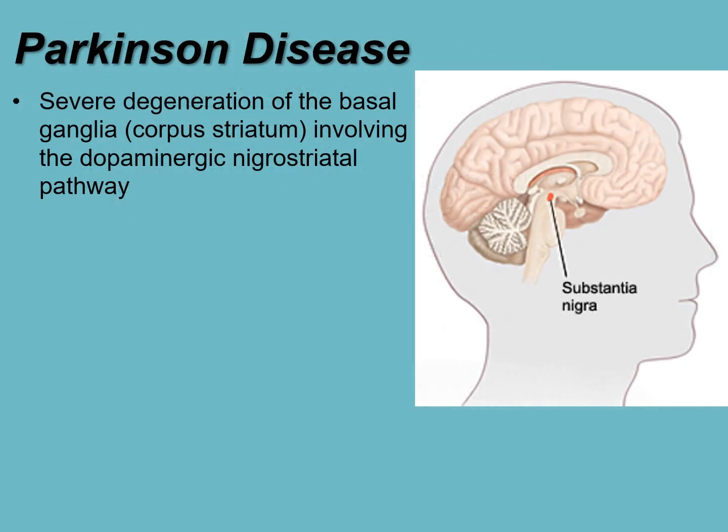A few key features of Parkinson's disease that you should understand going into the different types of therapy. We are losing or having issues with neurons in this area called the substantia nigra, the black substance. That's because these neurons tend to have a pigmentation to them and involve dopamine signaling. Now, it's not necessarily limited to dopamine.